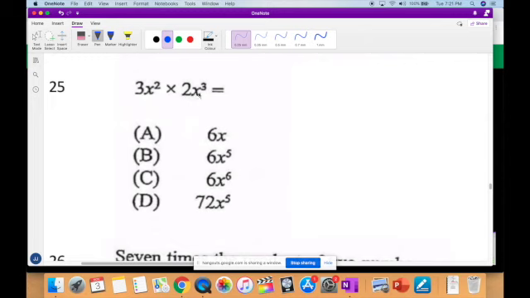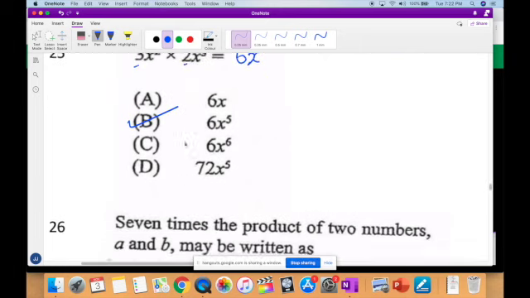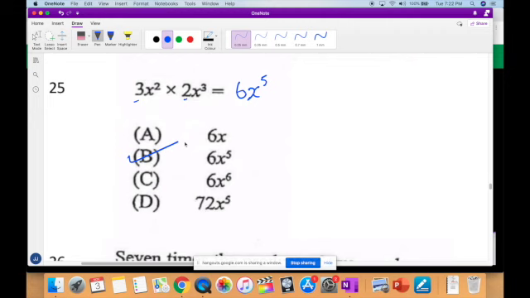3x squared times 2x cubed is a simple matter of indices. So 3 times 2 is 6, and then you add your indices. 2 plus 3 is 5, so 6x to the 5th. I hope everybody got that right with the amount of time that we spent on laws of indices.